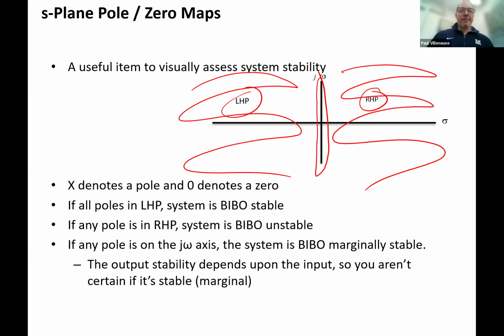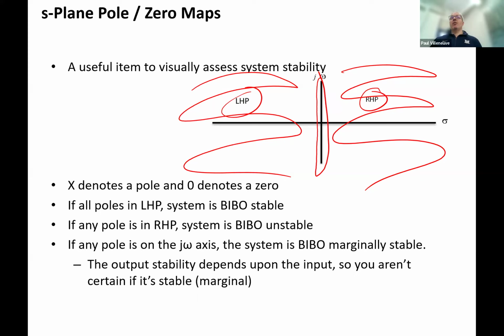All right, so continuing. The last one we covered was, if any pole, all you need is one, is in the right-hand half plane, that one term goes to infinity with time, so you have an unstable system. The next thing is, if any pole is on the J omega axis, the system is marginally stable. Why is it marginally stable? Because the output could be stable or not.